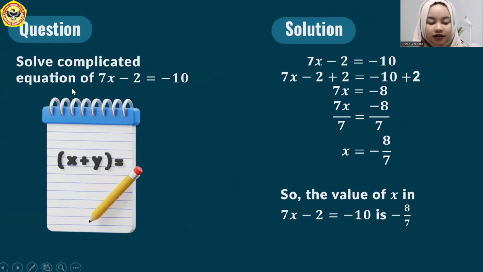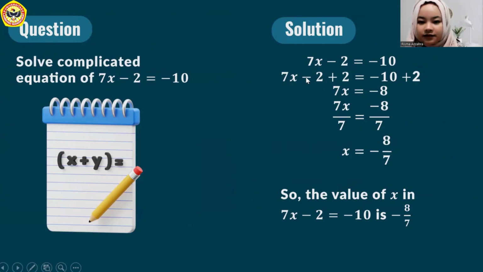Then we have this question: the value of x in 7x minus 2 equals minus 10. So the solution is the same. 7x minus 2 equals minus 10.